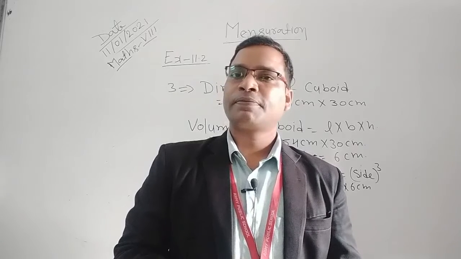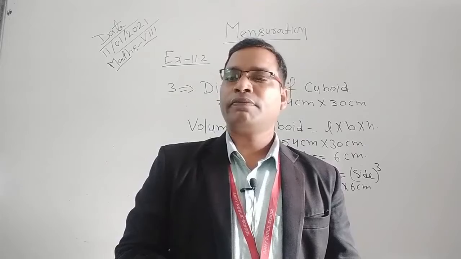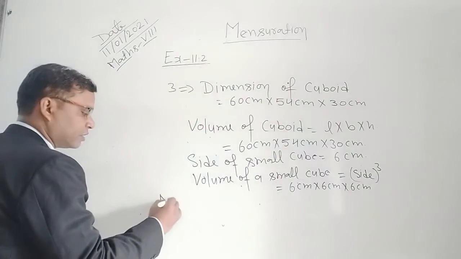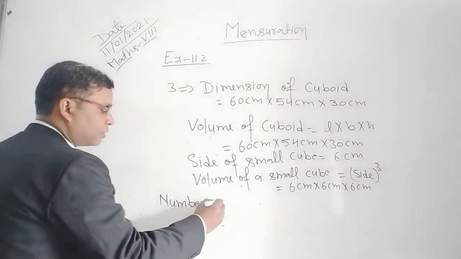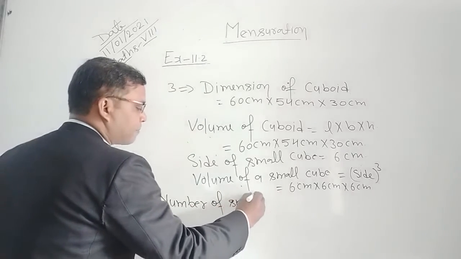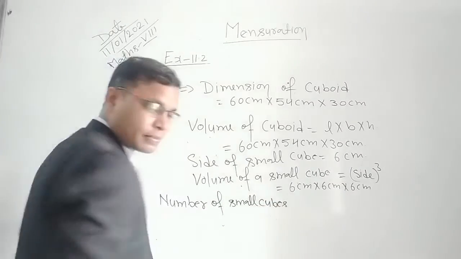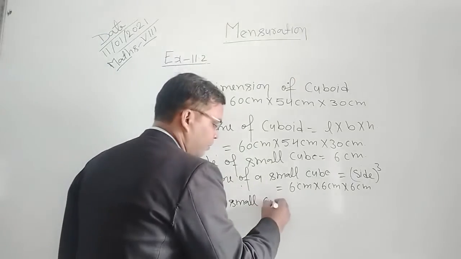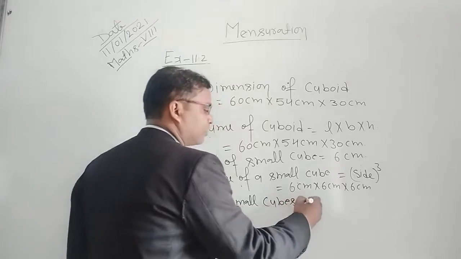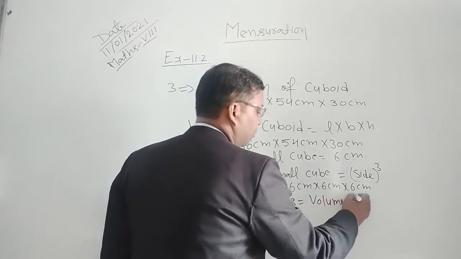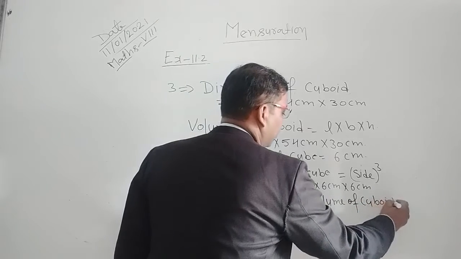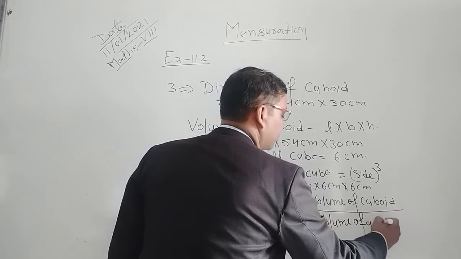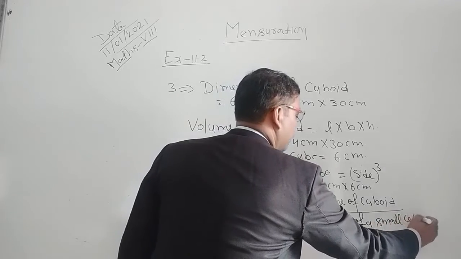So number of small cubes is equal to volume of cuboid by volume of a small cube.